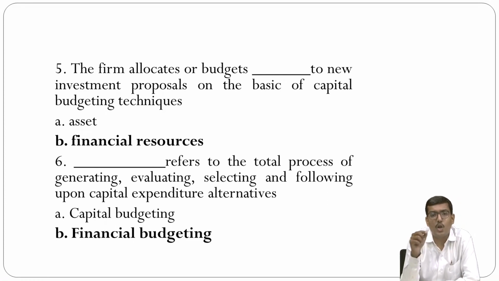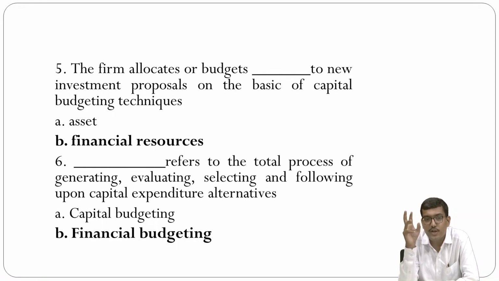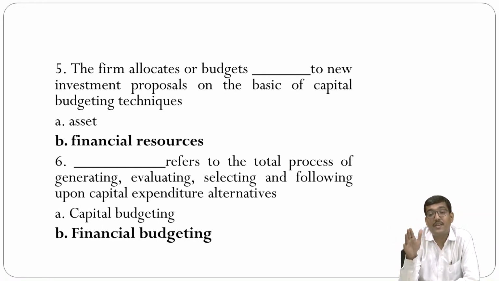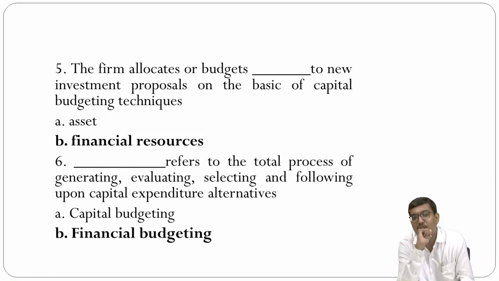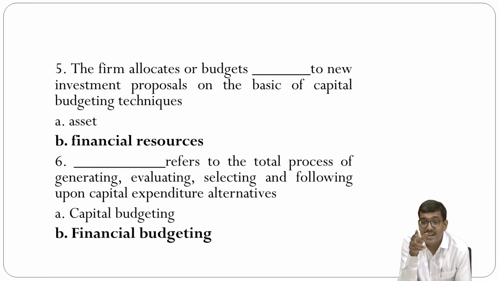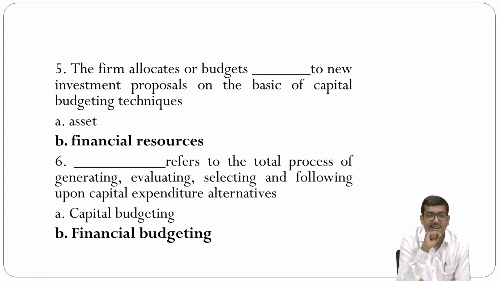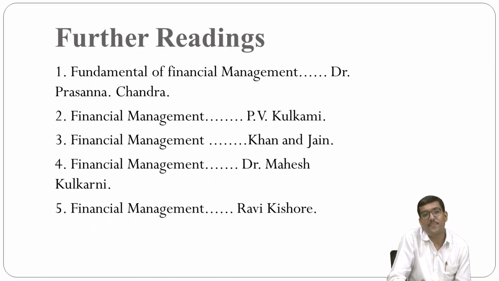Then the firm allocates or budgets its financial resources to new investment proposals on the basis of capital budgeting techniques. Then which refers to the total process of generating, evaluating, selecting and following up capital expenditure alternatives, capital budgeting or financial budgeting? Here I mistakenly chose the wrong option, financial budgeting. The answer is capital budgeting.